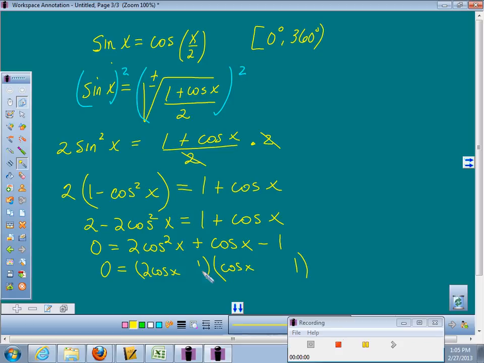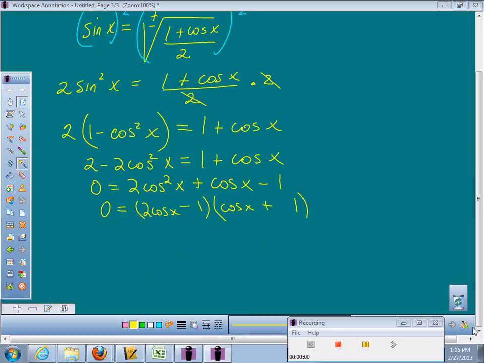Okay, I heard both ways. Minus plus, because we want the outside to be positive 2 cosine, so we get the positive in the middle. And are these tough to solve? No. So cosine is going to equal a half, and cosine is going to equal -1.